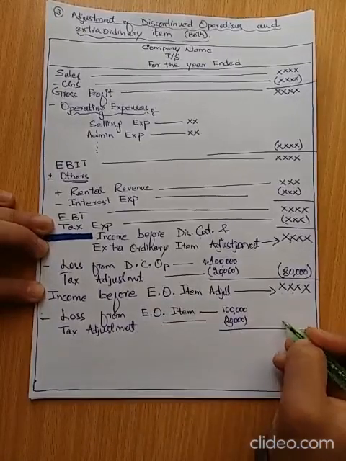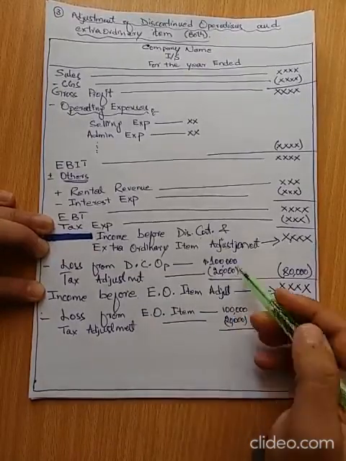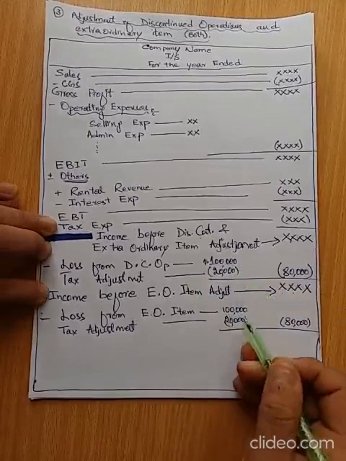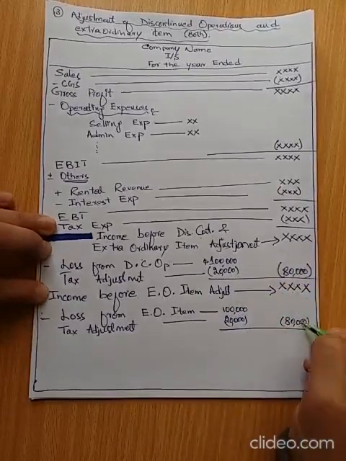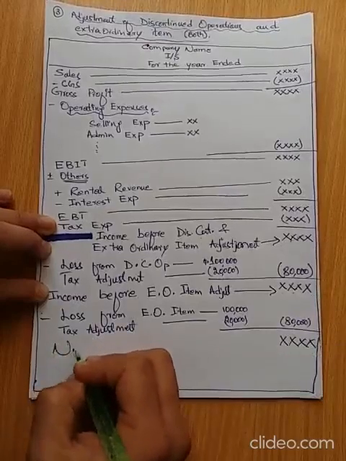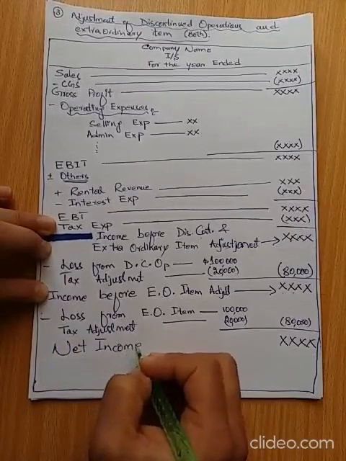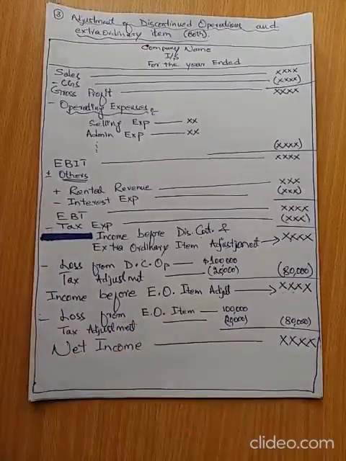Okay, and again 80,000. So don't get confused because of the same values I'm using, because it's easy to calculate without any calculator, that's why. So you subtract 80 from this, you get a remainder value, and this remainder value will actually be called as the net income.